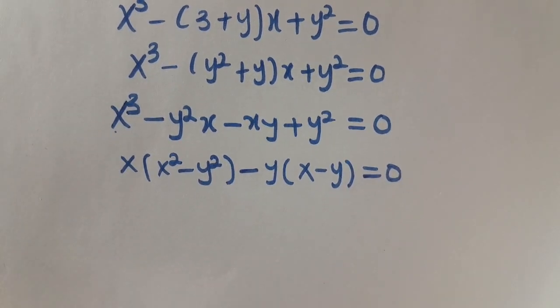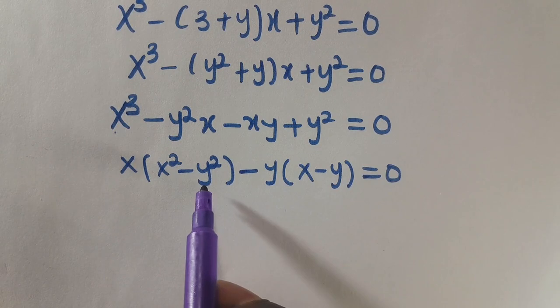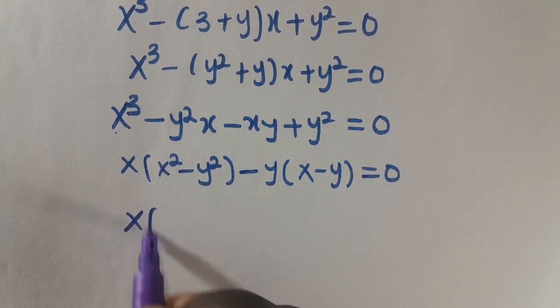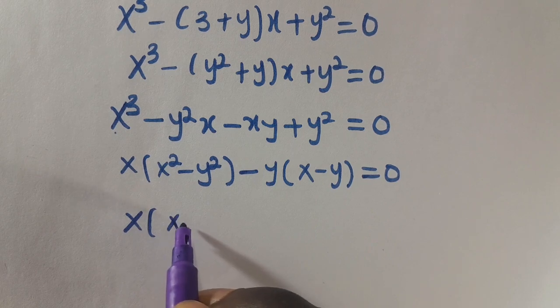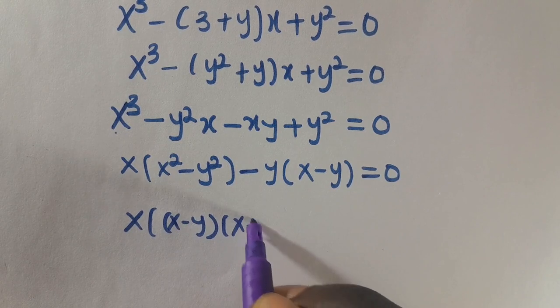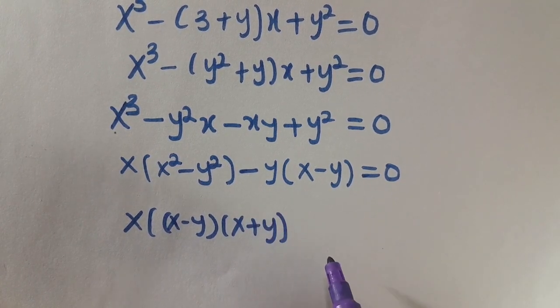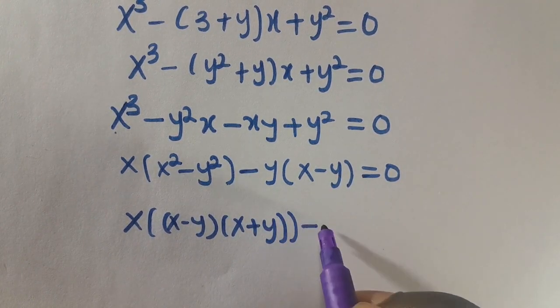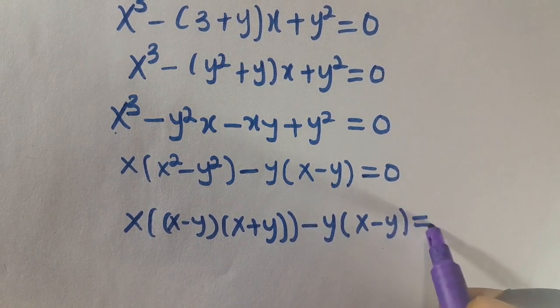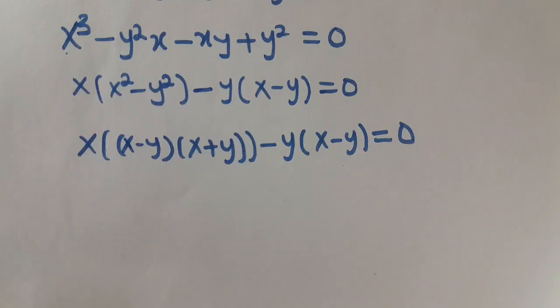Now, from here, we have this one to be a difference of two squares. We can have it to be x into (x minus y) multiplied by (x plus y). Then this one will be y into (x minus y). We have everything equal to 0.